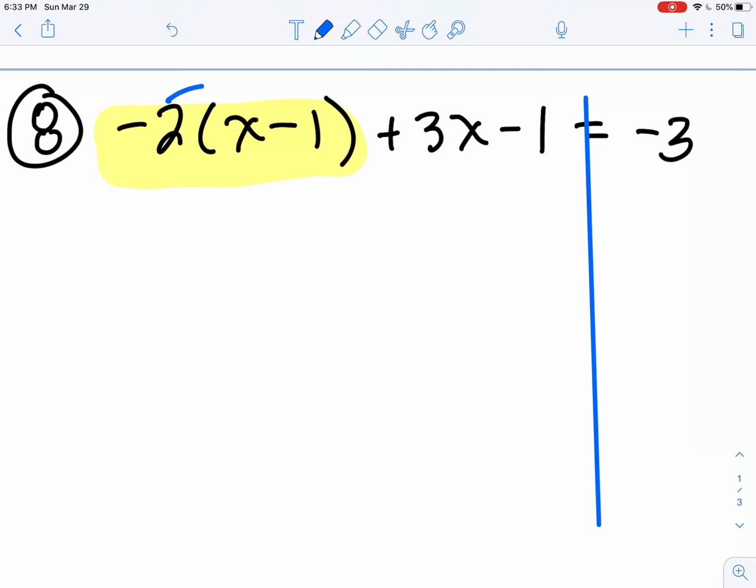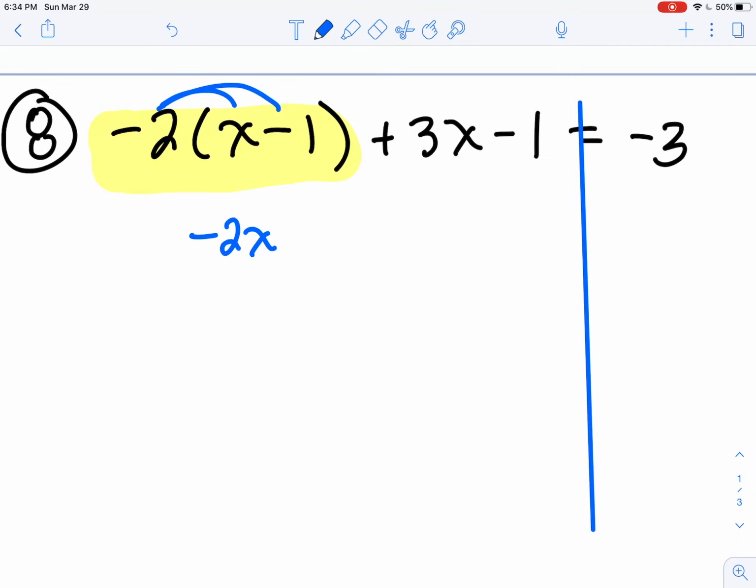So let's go ahead and distribute. Negative 2 times x is negative 2x. Negative 2 times negative 1 is a positive 2. Once you hit the end of the parentheses, go ahead and drop the rest down. So plus 3x minus 1 equals negative 3.